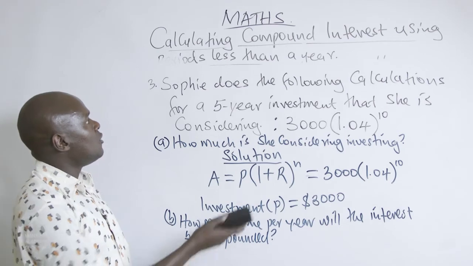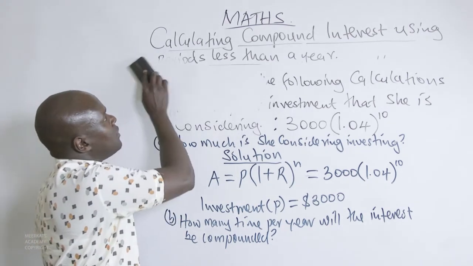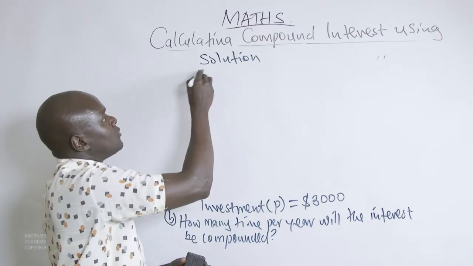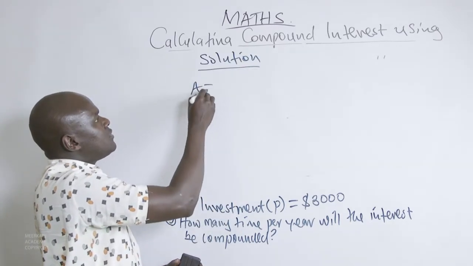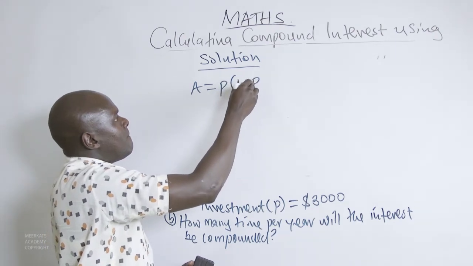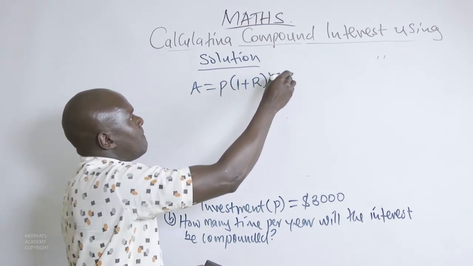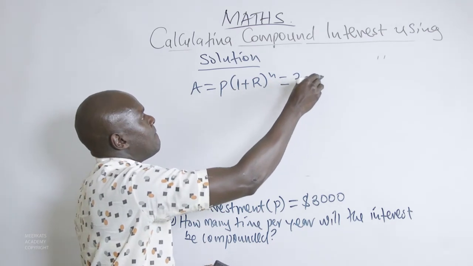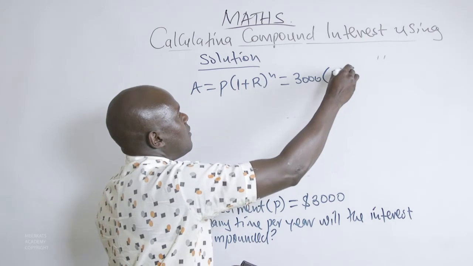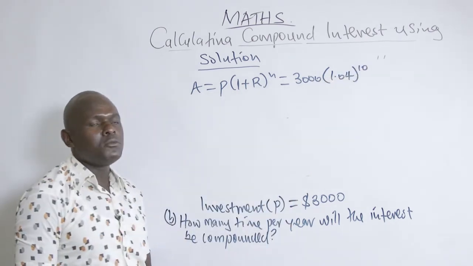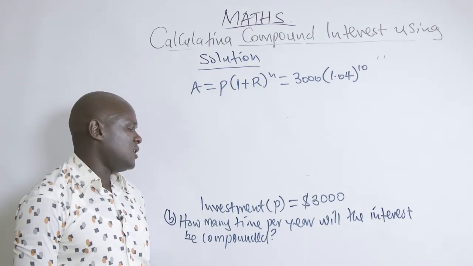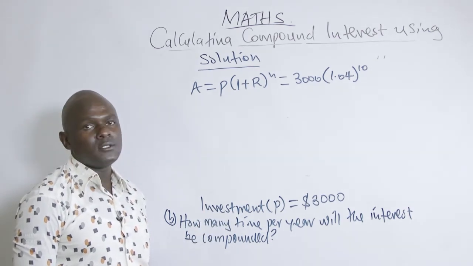We need to know the number of times that this interest is going to be compounded. So still from our compound interest formula, we can't know the number of times that this interest is going to be compounded.